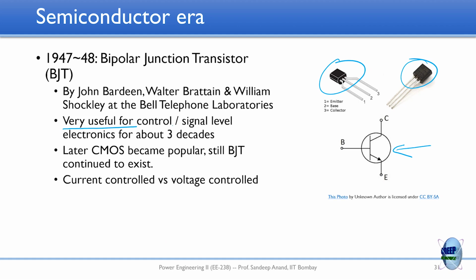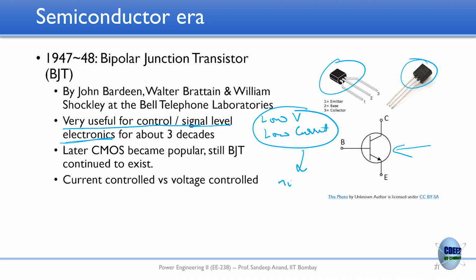They are very useful for control and signal level electronics, because they usually operate at low voltage and low current, and therefore they are not very popular for power electronics. When you want to convert high voltage signals, let us say 400 volt, 300 volt, you need devices which can sustain those high voltages.